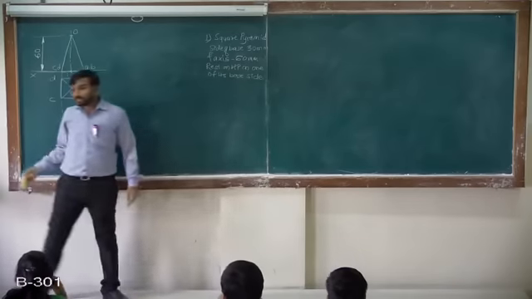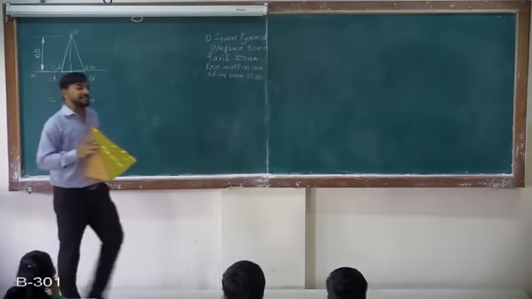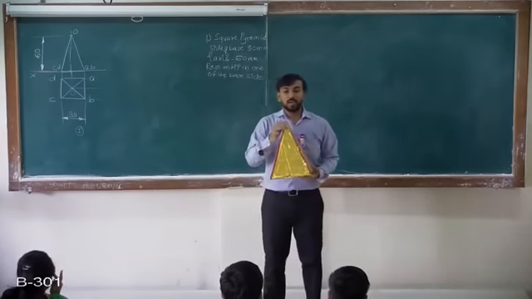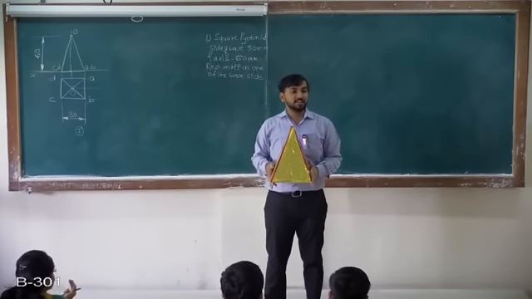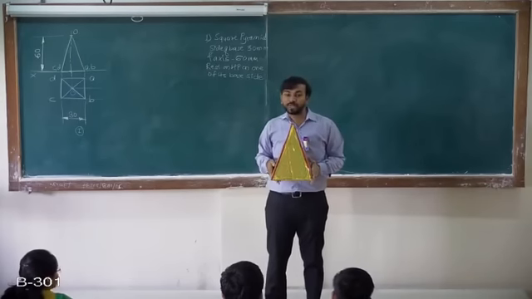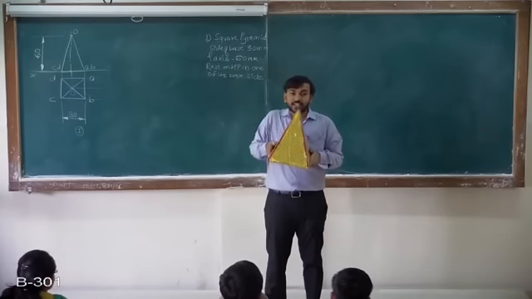Now, consider the second condition, given as different positions of the apex. First is resting on HP on its side. So now tell me, what is the minimum position of the apex? The minimum position of the apex when it is inclined to HP.